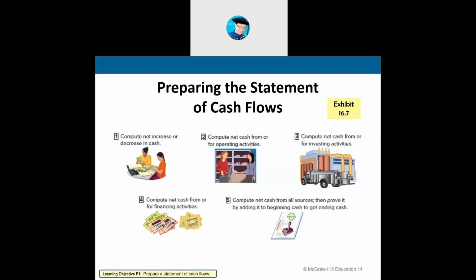The issuance of stocks and bonds minus the repayment of stocks and bonds, etc., equals financing activities. And the 5th step is to compute the net cash flows from all sources by adding the beginning cash flow to get the ending cash flow.